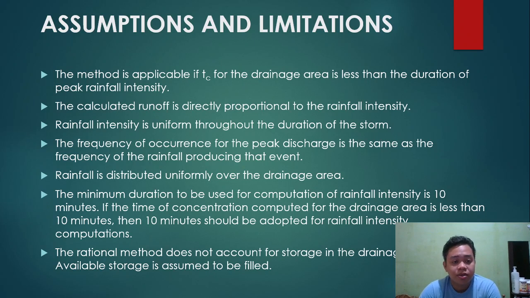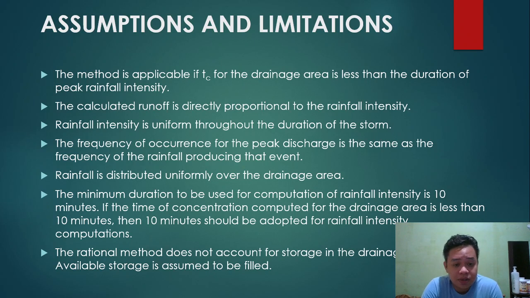First, the method is applicable if Tc for the drainage area is less than the duration of peak rainfall intensity. The calculated runoff is directly proportional to the rainfall intensity. Rainfall intensity is uniform throughout the duration of the storm. The frequency of occurrence for the peak discharge is the same as the frequency of the rainfall producing that event.